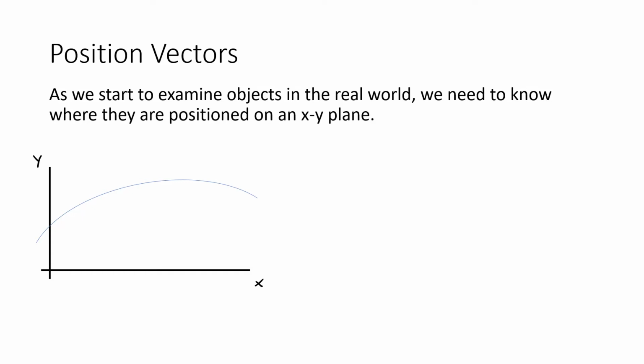Now imagine this case. You're looking at the side view of me throwing a ball or something. That's the blue arc. So it's just like a side view, a side slice. And I want to find the position of that ball, that football, whatever, right here. Now it's a little more complex than our previous problems. We need to find that position vector, R. And R has components, horizontal and vertical.